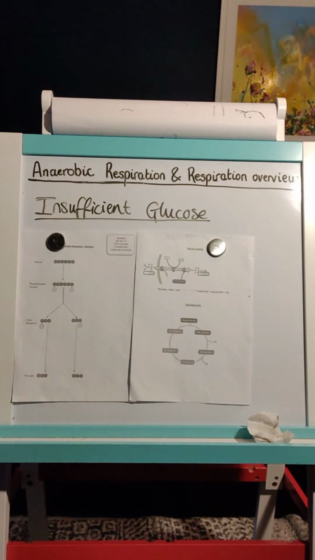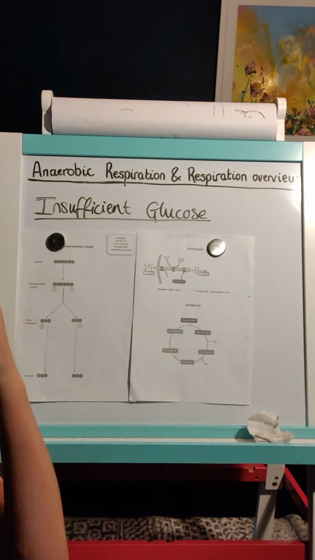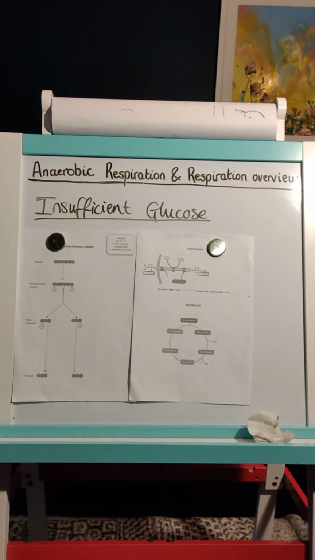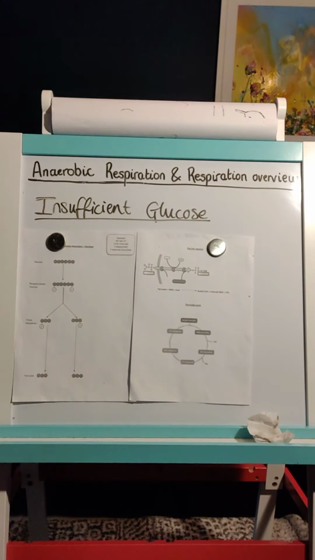Also, when you break down fats, you get glycerol, but you also get fatty acids. Fatty acids, remember, are the long chain molecules, and in those long chain molecules, remember it's hydrocarbon chains, all the carbons and hydrogens, and they can be snipped up into smaller parts.